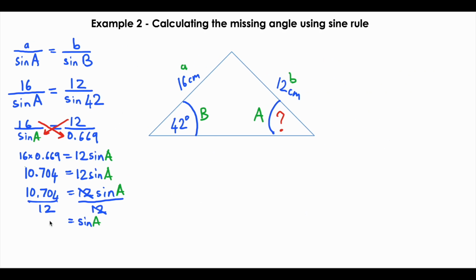So right here would be 0.892. Now what's the opposite of sine? If we want to get A by itself, we need to do the opposite of sine. What did we say the opposite of sine, cosine or tan is? Sine inverse. Excellent. So we know that A would be equal to the inverse of sine of 0.892. We can put that in the calculator.